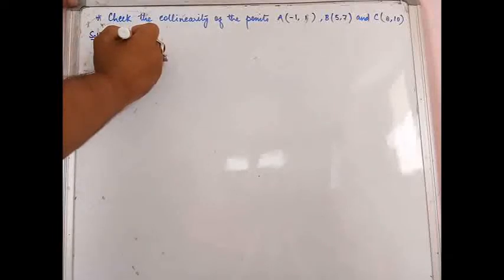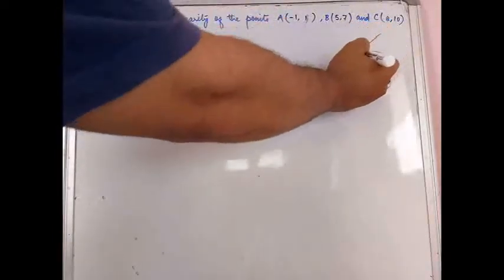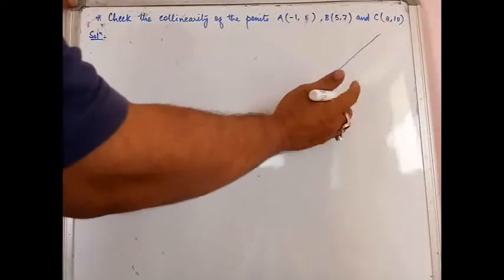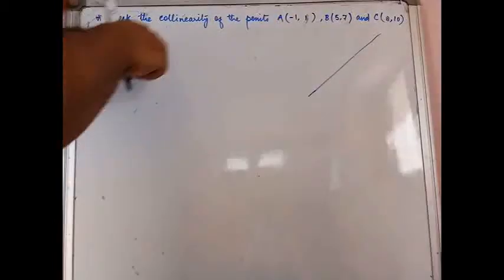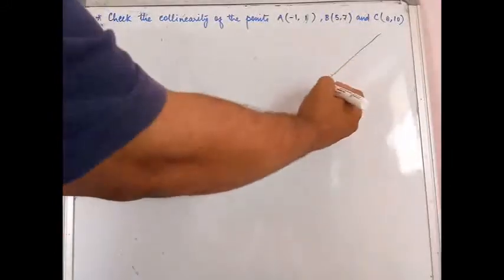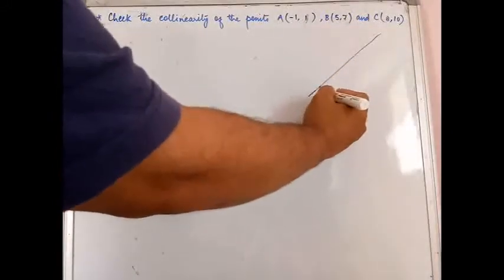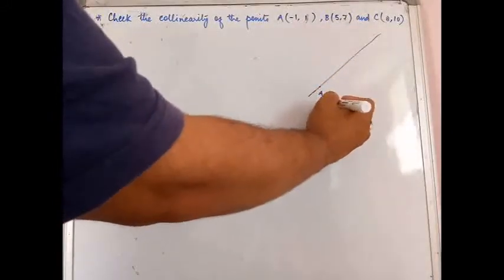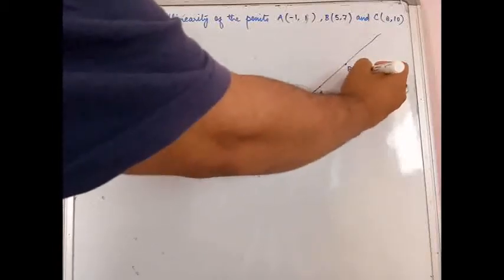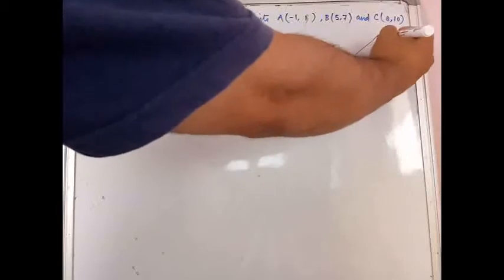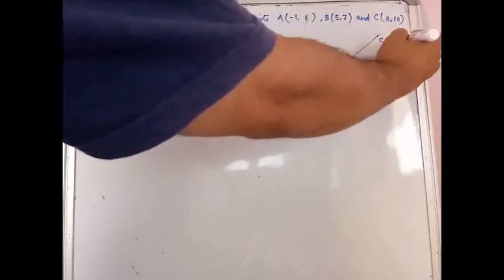We will once again, I will draw a rough diagram just to help you understand. Okay, this diagram is not necessary for the solution of this particular problem, but once again I will draw. Let's suppose this is A minus 1 comma 1, this is B which is 5 comma 7, and this is C 8 comma 10.